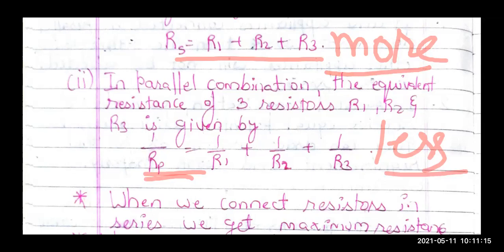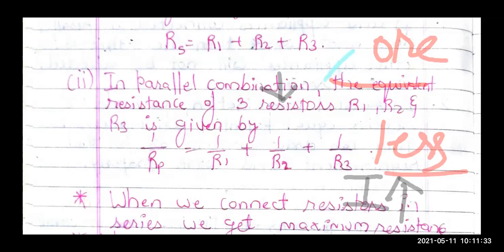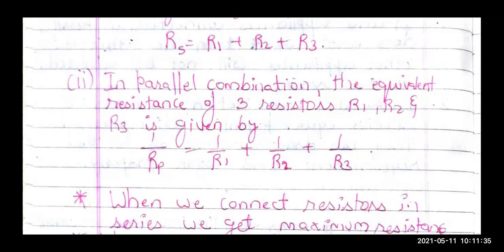And if here the resistance is more, then the value of current, that is I, will be less. And here as the value of resistance is less, the value of current will be more. Okay, beta. So with this, we will start with the numericals. Let's start with question number 1.